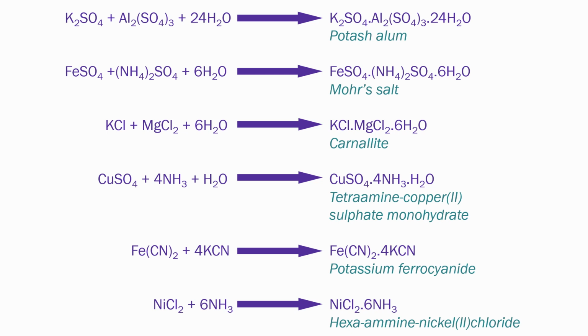Then it has a different shape than that of the constituents from which it is formed. On the basis of the behavior of that addition compound in water, addition compounds are classified into two main types, depending upon the behavior of that compound in the solvent. It may be water or another solvent.